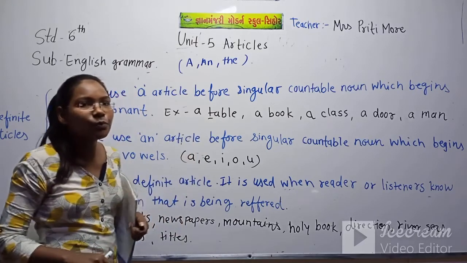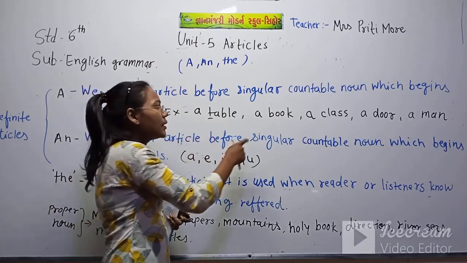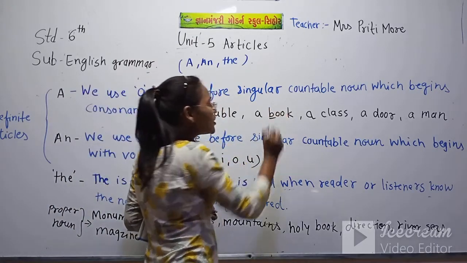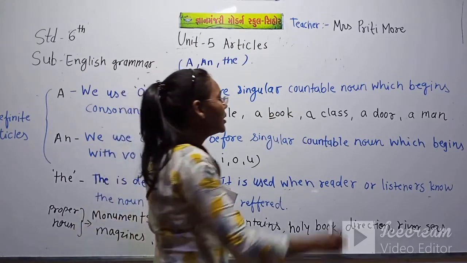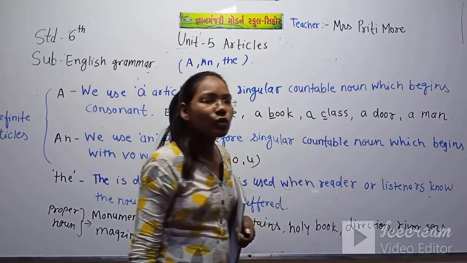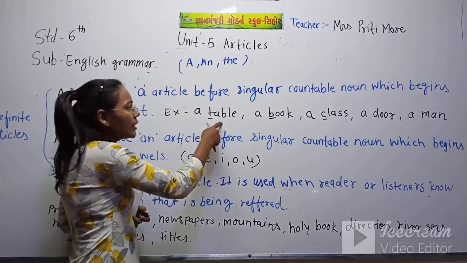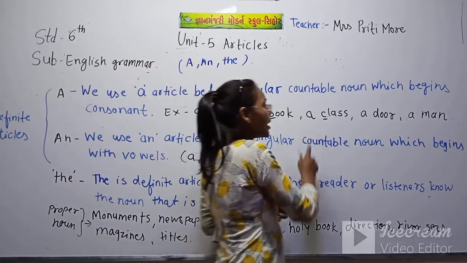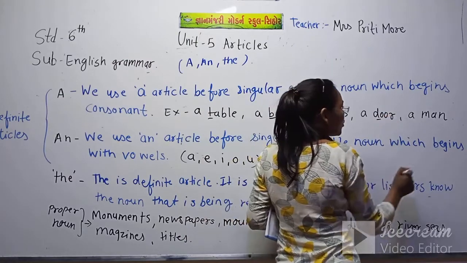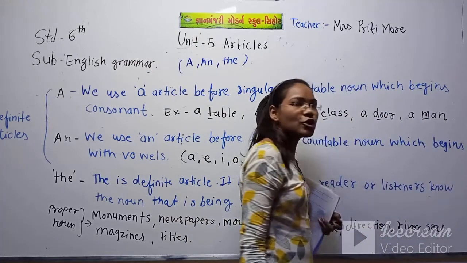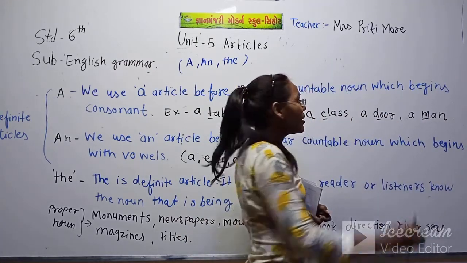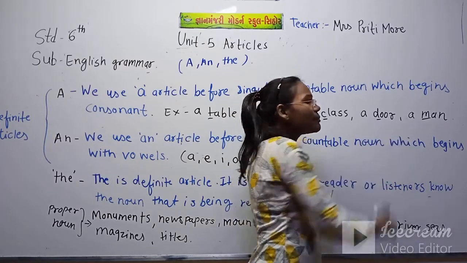So that's why we put here a table, a book. B is also a consonant. C is also a consonant. That's why we are putting before this noun: a table, a book, a class, a door. D is also a consonant. M is also a consonant. That's why we are writing here a door, a map.